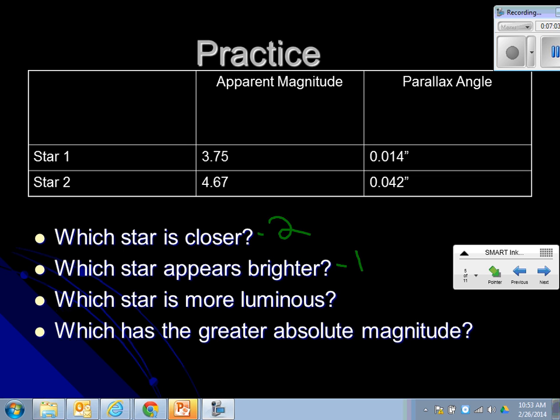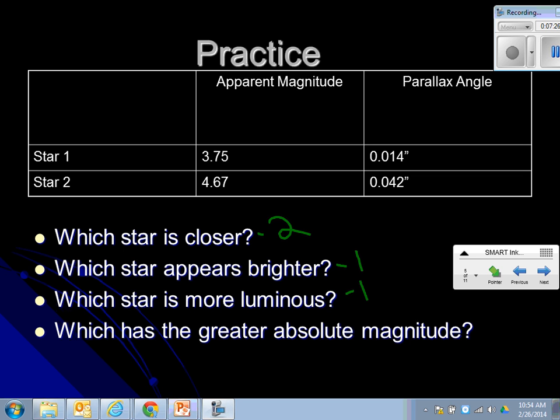Which one appears brighter? Star 1. Which one's farther away? Star 1. If it appears brighter and it's farther away, then it has to be more luminous. Does that make sense?